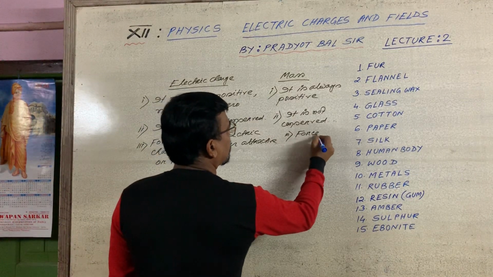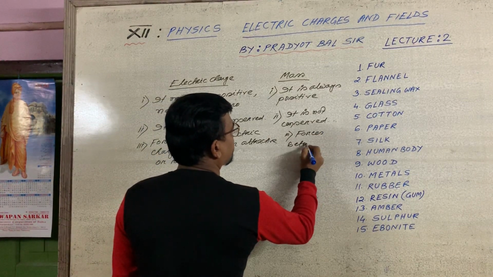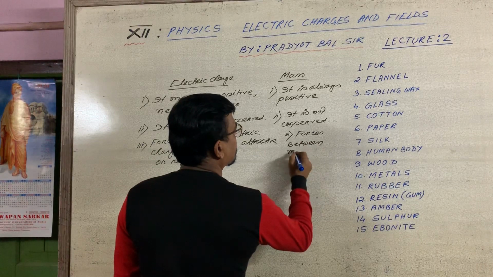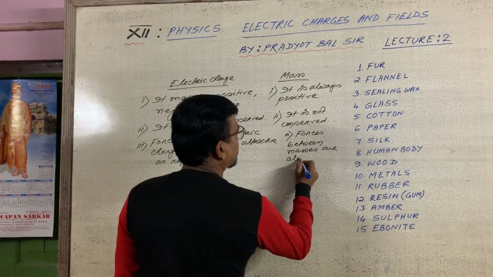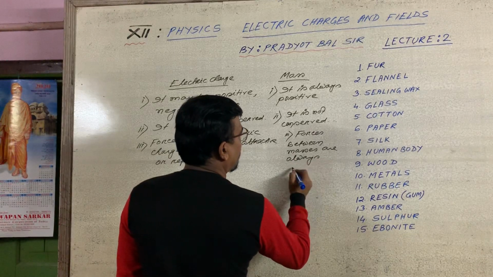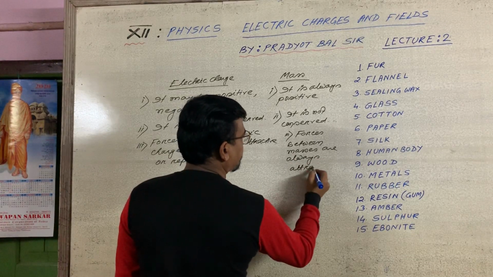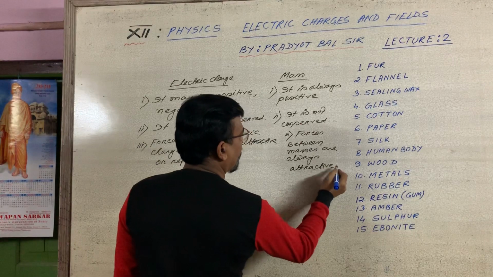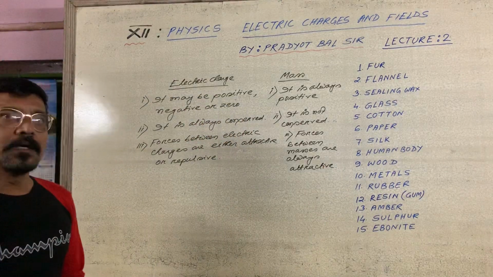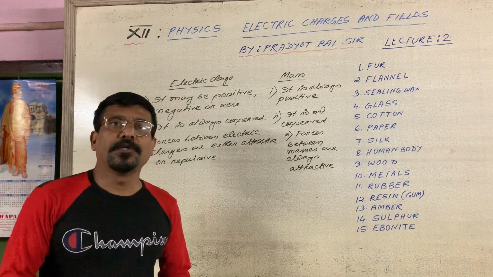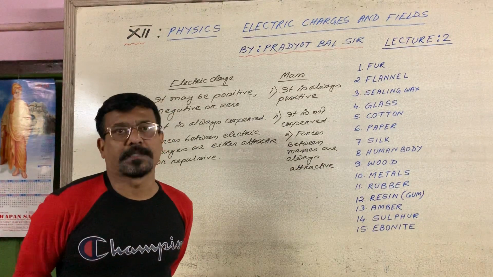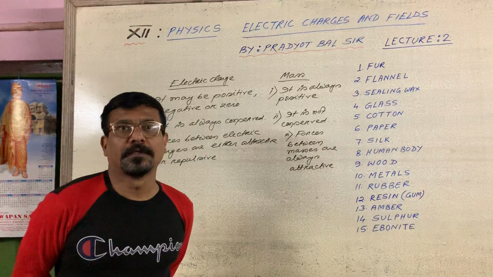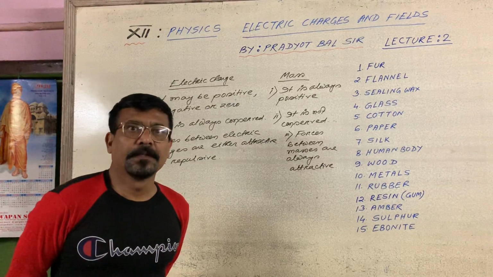Forces between masses are always attractive. These are the three differences between electric charge and mass. Hope you are able to understand.